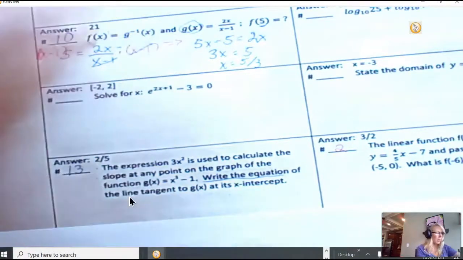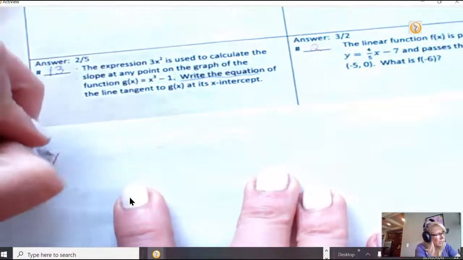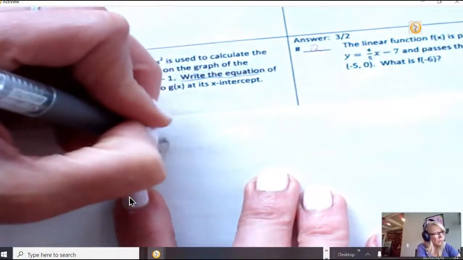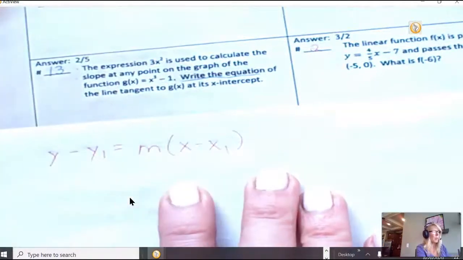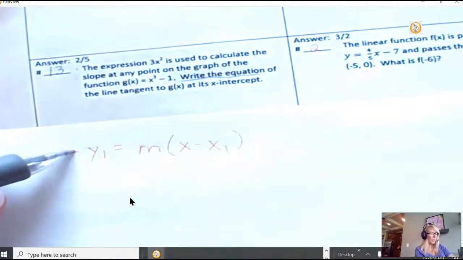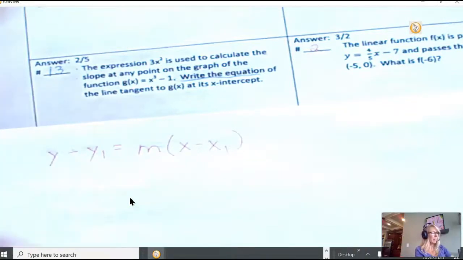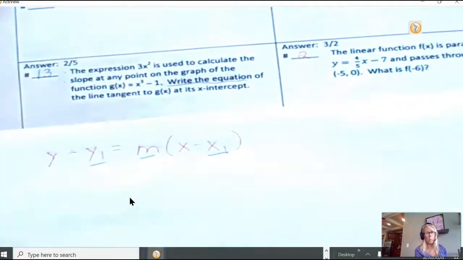I need to remember the equation of a line looks something like this. y minus y sub 1 equals m times x minus x sub 1. And remember, x sub 1, y sub 1 is the point that the line is going through, and m is just the slope. And truthfully, that is all I need to find. I need to find a point. It doesn't matter what point it is, just a point, and the slope.